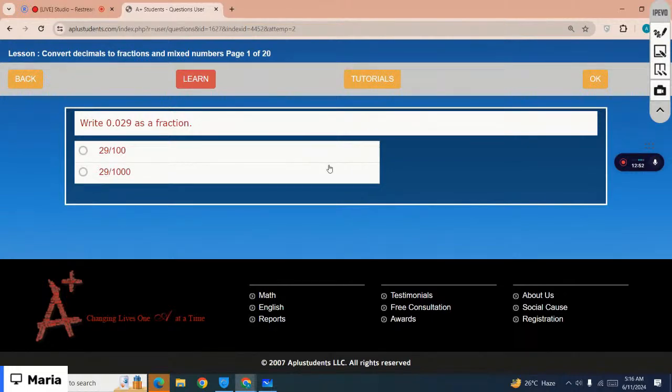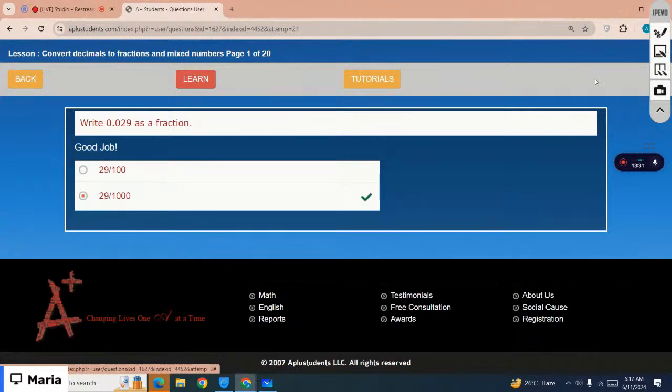So which is the correct option? 29 by 100 or 29 by 1000? The correct option is 29 by 1000. Option number 2 is the correct option. Very good.